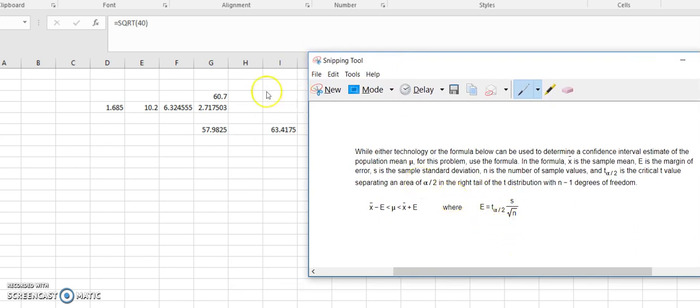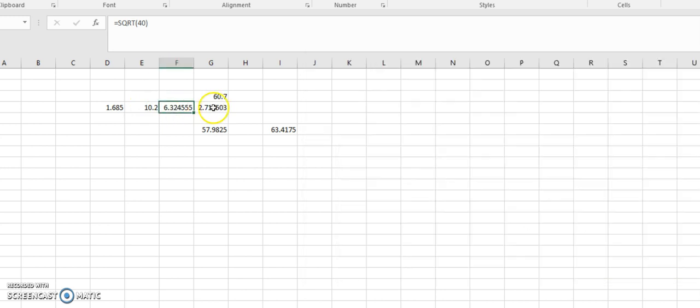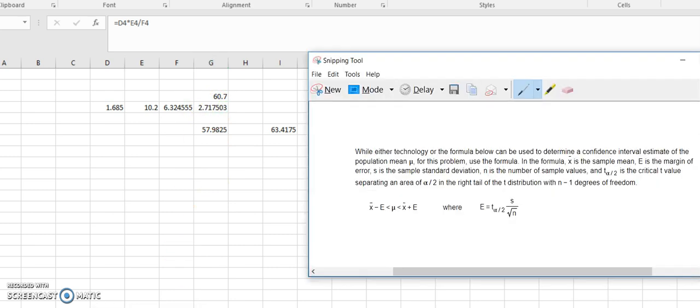So the t-value times s divided by square root of n. I have Excel do this calculation, multiplying the t-value by the standard deviation divided by the square root of the sample size, which gives this margin of error. So this number, roughly 2.7, is the value of E here.